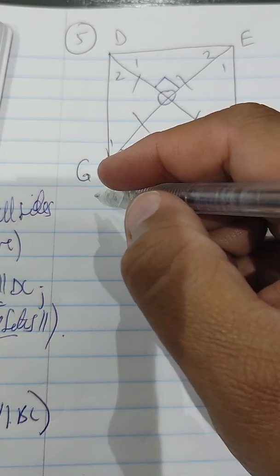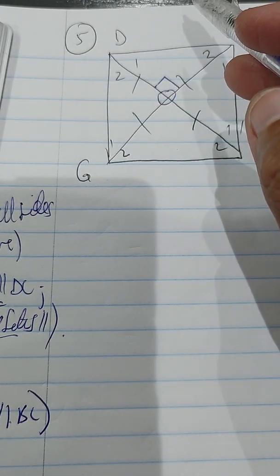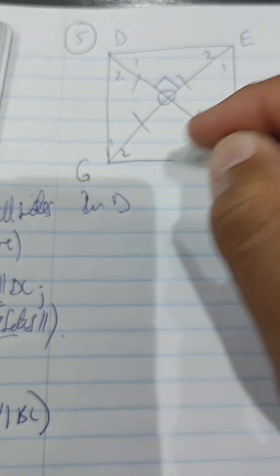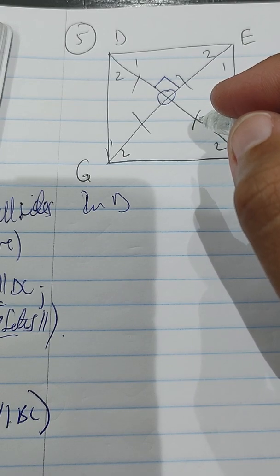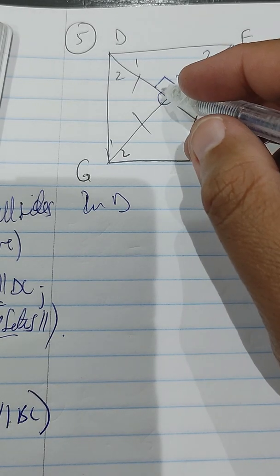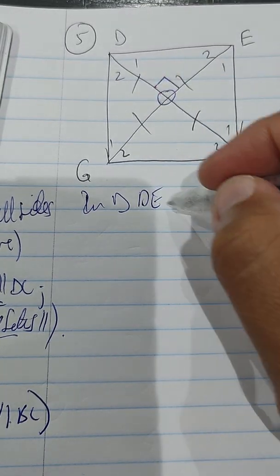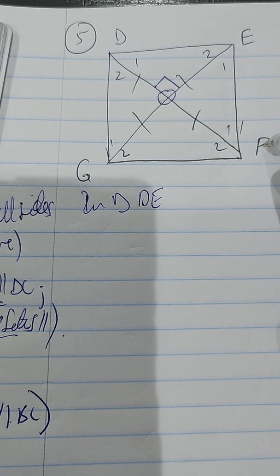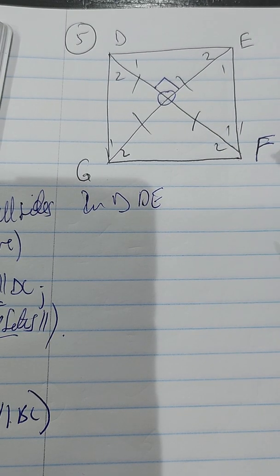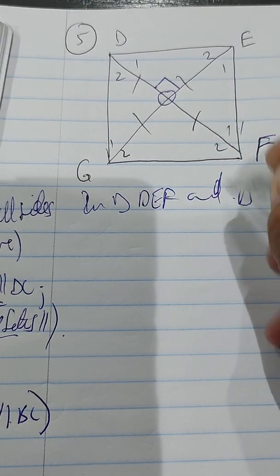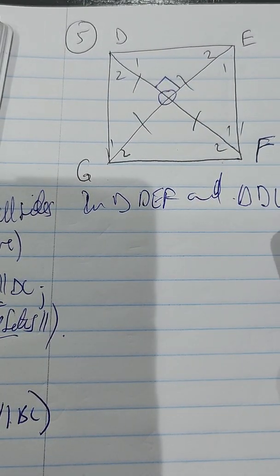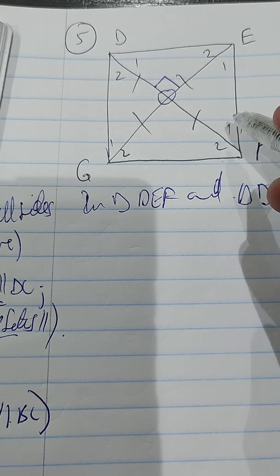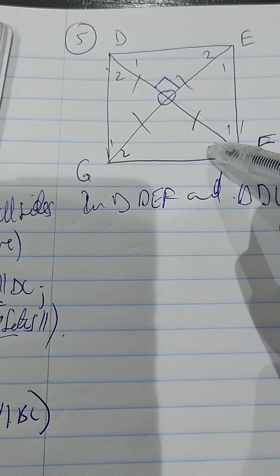So, in triangle DEF, and triangle DGF... No, it's not going to work.